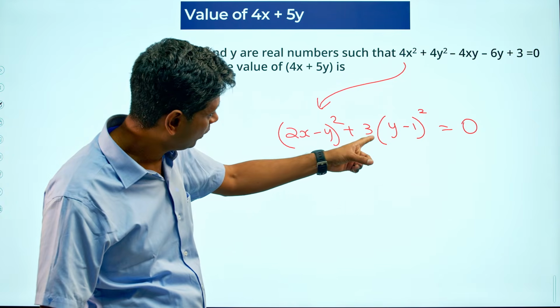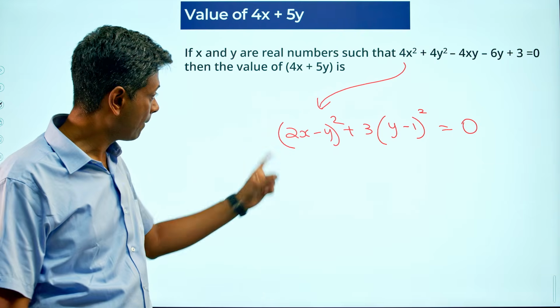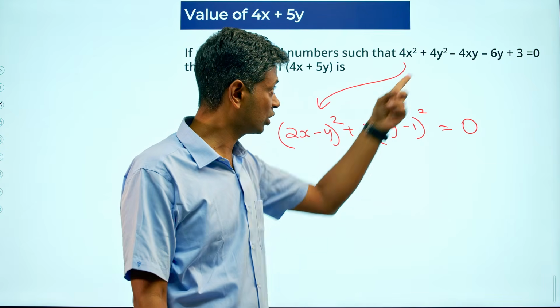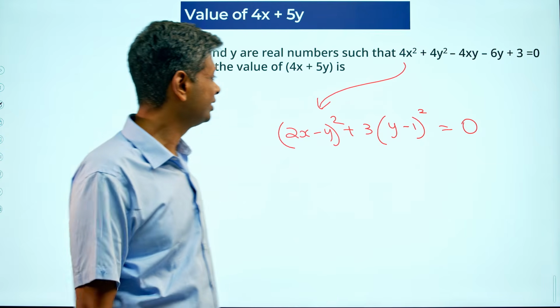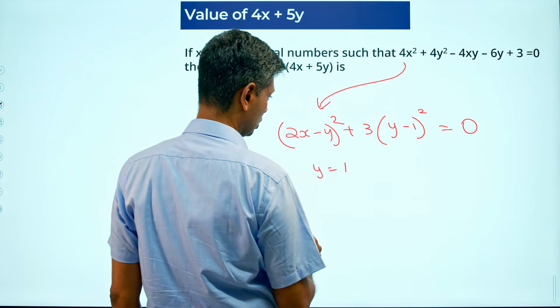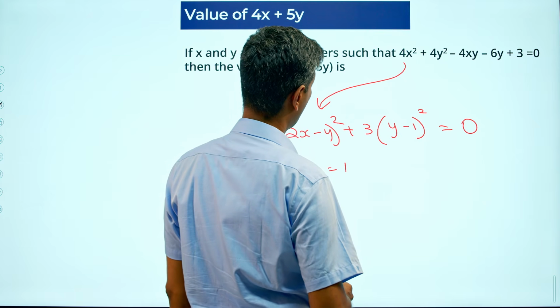This gives us 3y square plus a y square, 4y square, 4x square that is there, minus 4xy that is there, plus 3 that is there, minus 6y that is there. Brilliant. This is equal to 0. 2 squares add up to 0. That means y should be equal to 1. 2x minus y the whole square is 0.